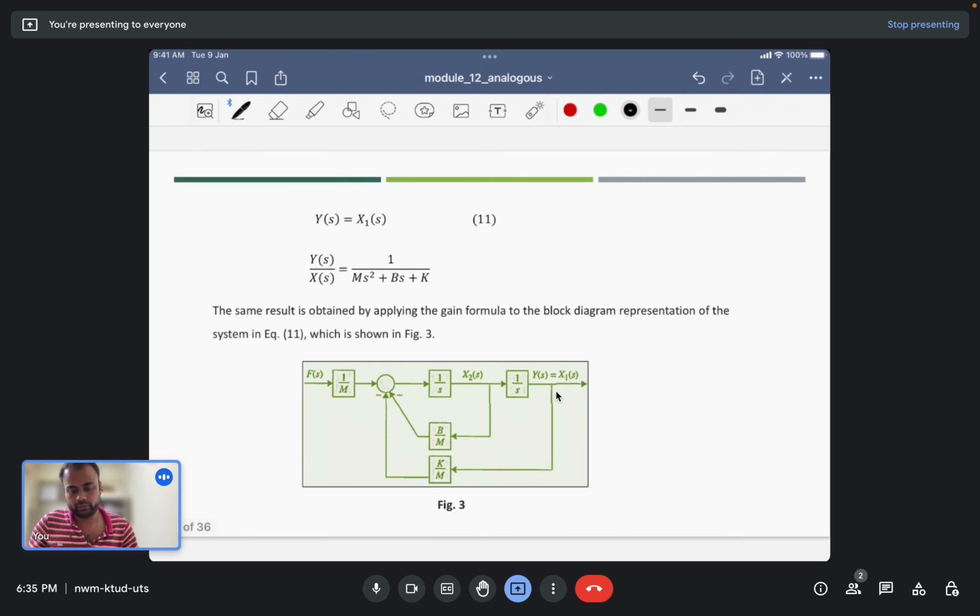Finally we obtain the transfer function y of s by x of s is equal to ms square by bs plus k. So again the same results can be applied from the gain formula of the algebraic representation shown in equation 11. Okay, so therefore we arrive at the transfer function y of s by x of s.